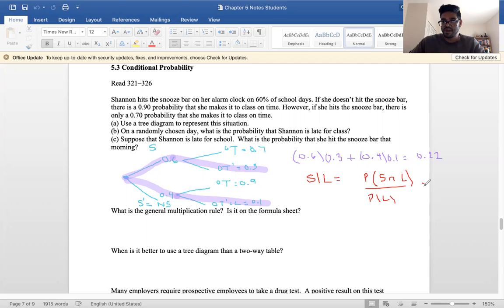We just found the denominator: the probability that she's late is 0.22. The likelihood that she snoozes and is late is this little red branch here, 0.6 times 0.3, which is 0.18. You have 0.18 divided by 0.22, and that's 0.818.